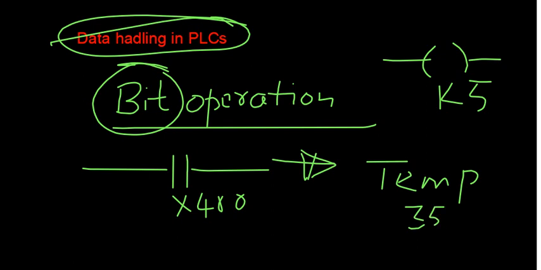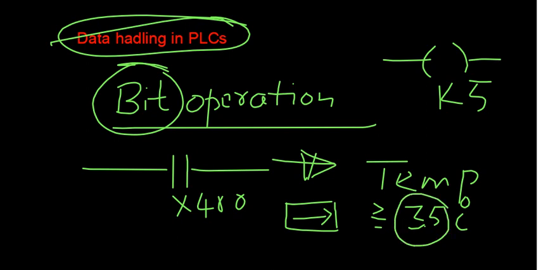So whenever you deal with words in your PLC, you need to have some data handling operations, or the data handling procedure, right? So that is also permitted in your PLC.